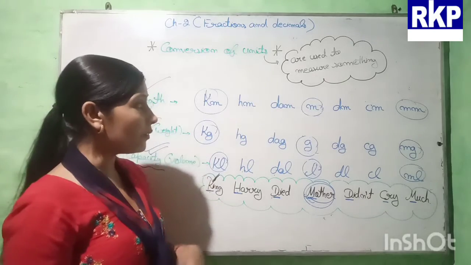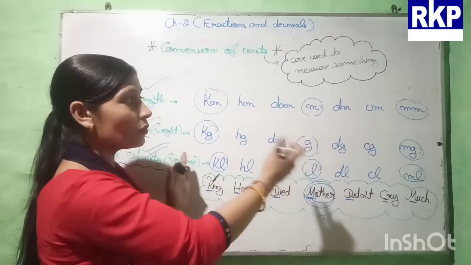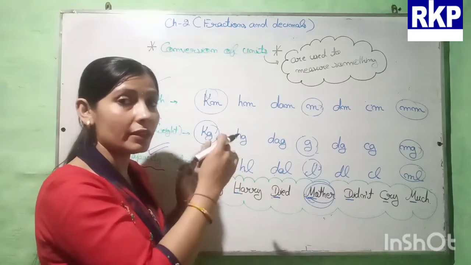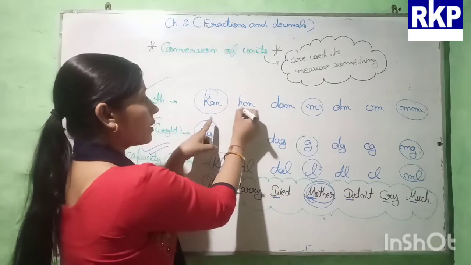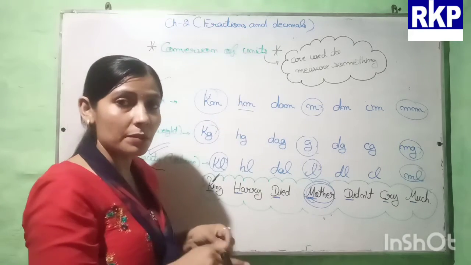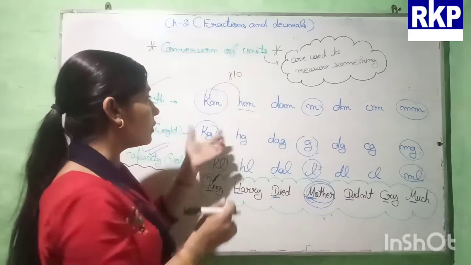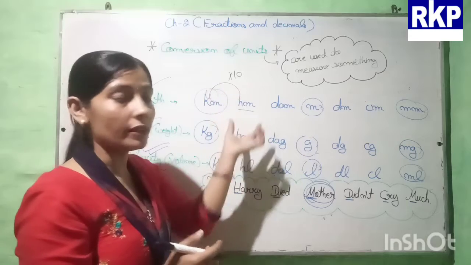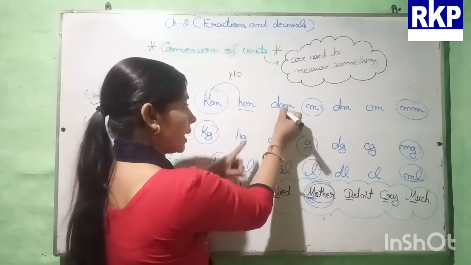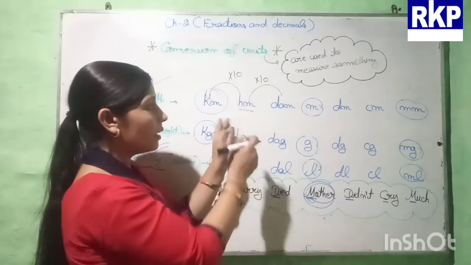Students, when we move from left to right, every unit will be 10 times smaller than the previous unit, okay? Hectometer is 10 times smaller than kilometer. So when we convert kilometer into hectometer, we need to multiply with 10. And decameter is 10 times smaller than hectometer.